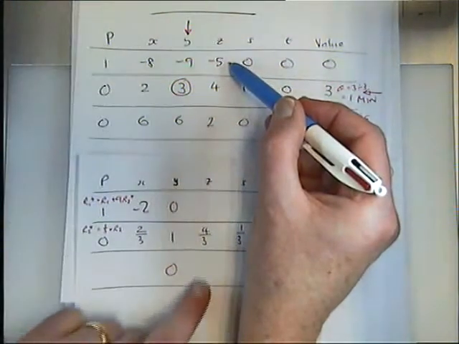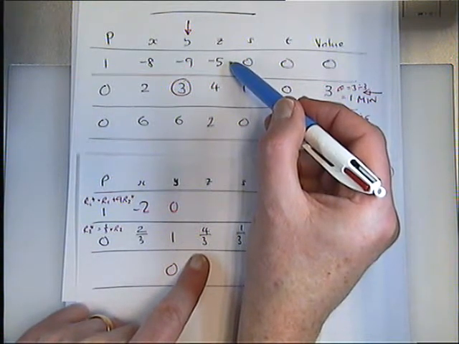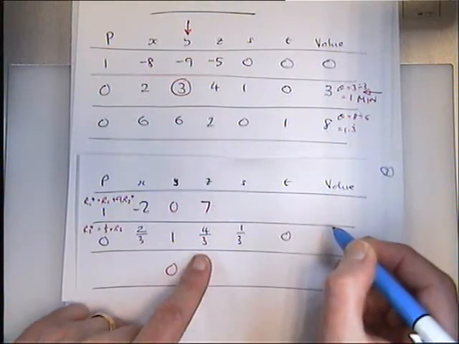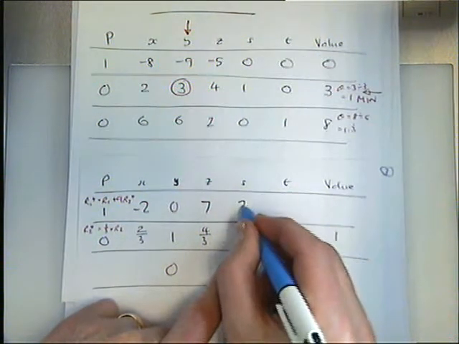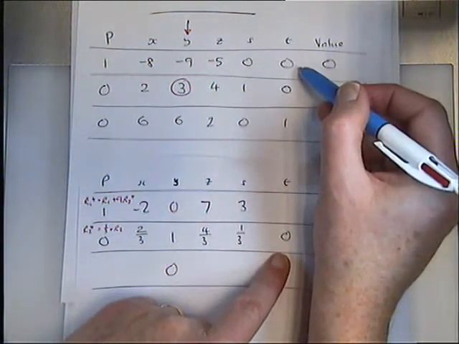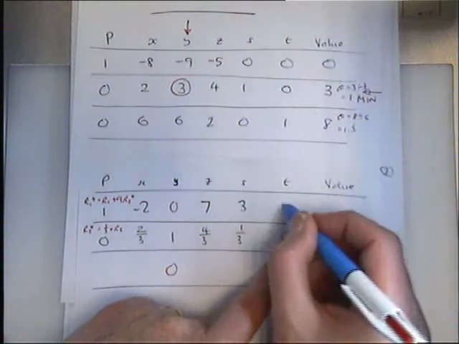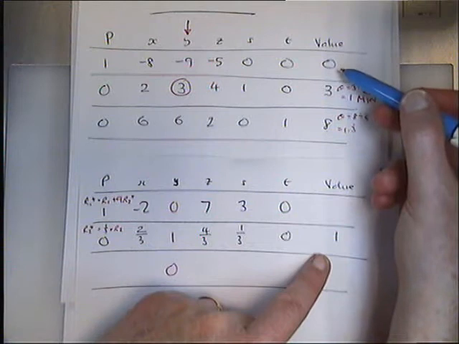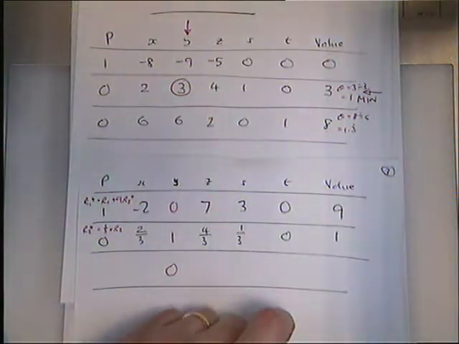Here it's going to be minus 5 plus 9 4/3. 7 is correct. 0 plus 9/3. 3 is correct. 0 plus no thirds. 0 plus 9 ones. And we have that top row done.